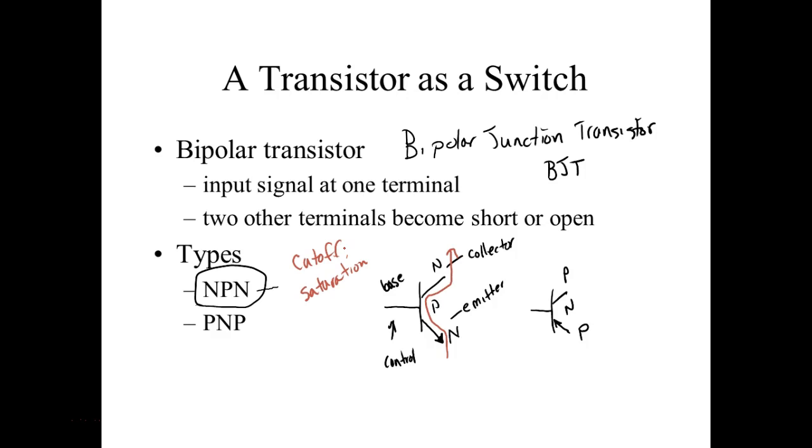Now for amplifiers, like in your car, they run it in the active region. So here in cutoff it acts like an open switch. Here in saturation it acts like a closed switch.